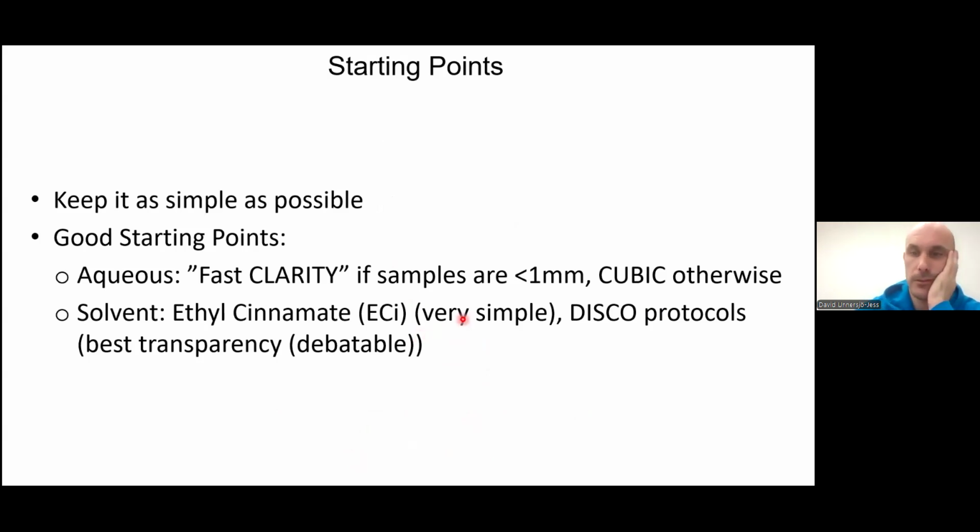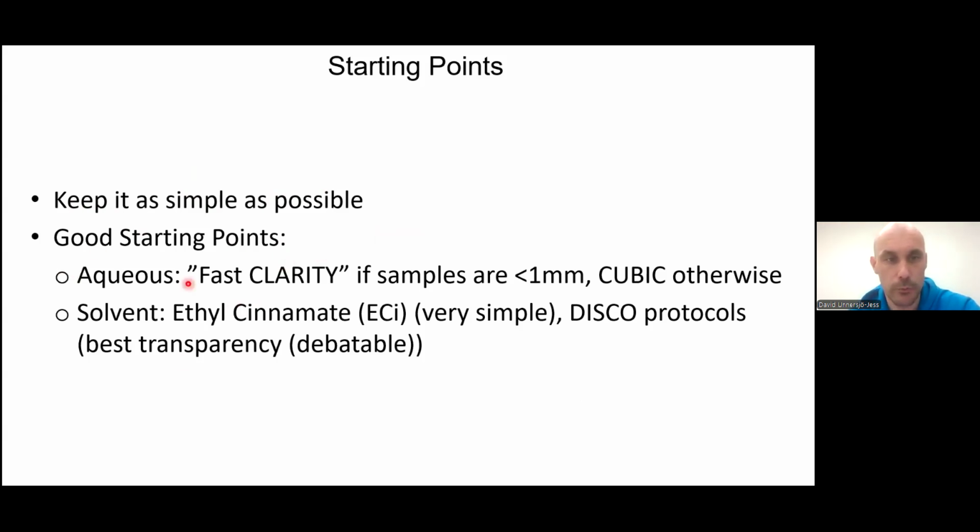Yeah, and these are some good starting points. I would really stress to try to keep it as simple as possible. These protocols can be pretty laborious to work with. So start simple, and if this is not enough, then work your way up in complexity.